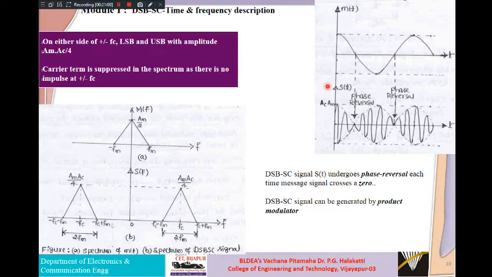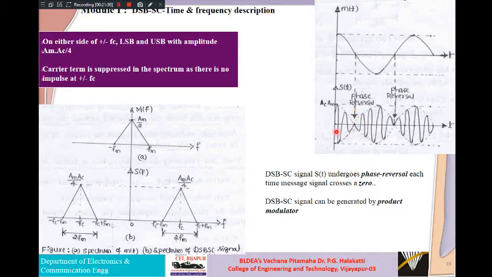The message signal is simply a low frequency, low amplitude sinusoidal signal, and this one is the DSB-AC AM signal. One thing you observe: because of the carrier absence, each time the message signal crosses zero, the carrier reverses its phase.